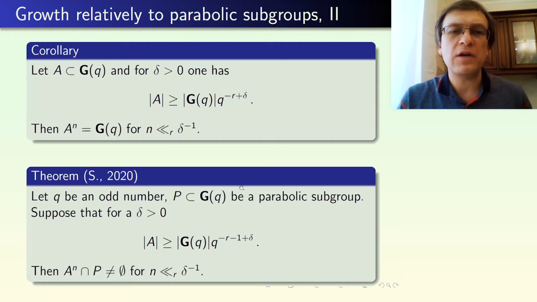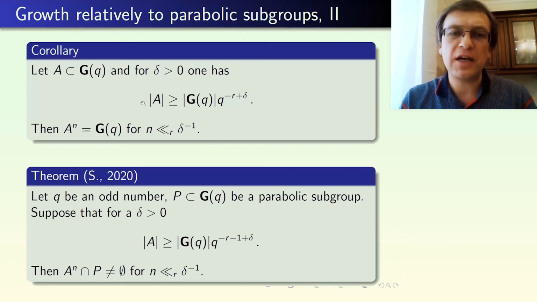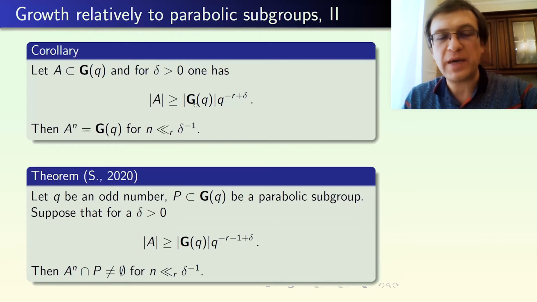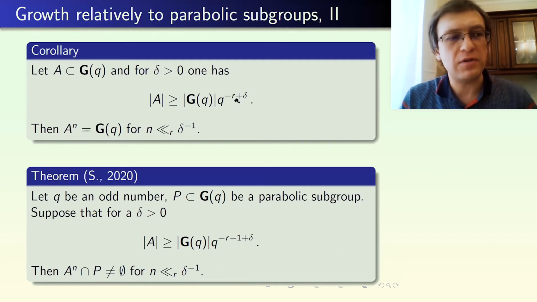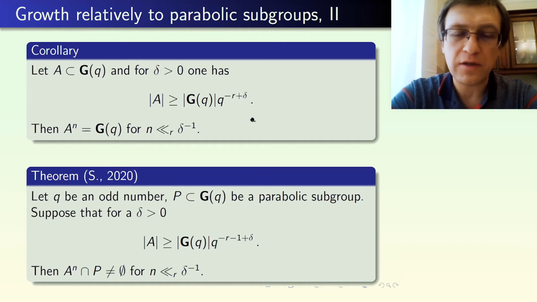So the corollary of the result is the following: I take any large A, which beats a little bit this bound, so A is larger than the maximal parabolic subgroup, and then A to the n equals G for very effective n. It's a corollary of this lower bound for dimension, of these quasi-random properties of my Chevalley group G.